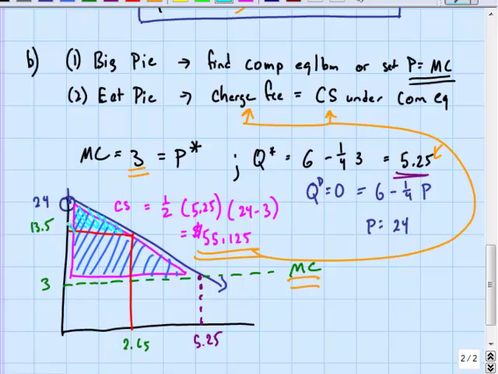Now, I freely admit this is not an impressive amount of consumer surplus, but it sure is better than 0. So they actually would prefer one-part monopoly pricing, paying a higher price of 13.5 instead of 3, getting a smaller number of units, shifting from 5.25 to 2.65, because at least they have some positive consumer surplus. Under one-part pricing, they have some consumer surplus; under two-part pricing, they have none. So that is it for question 4.